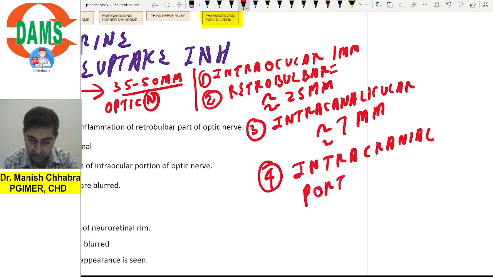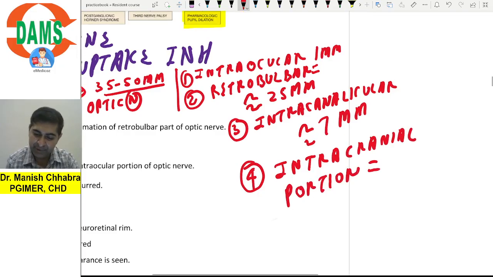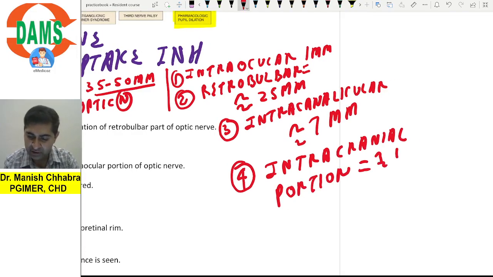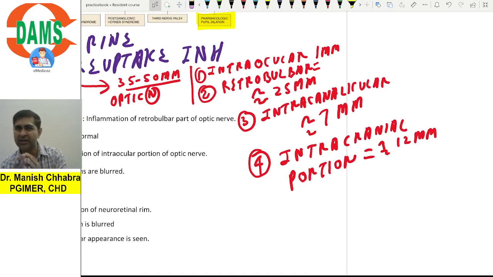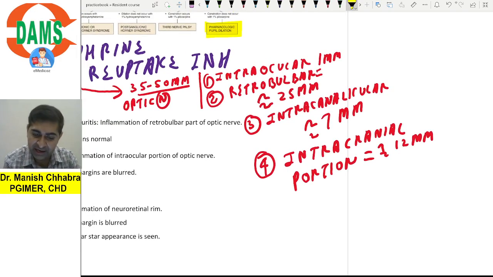It may be around 10 to 12 millimeter. Intracanalicular is 5 to 7 and retrobulbar is 25 to 30, near about. But the intraocular portion remains constant. It is 1 millimeter only.